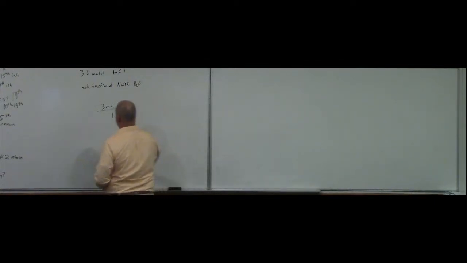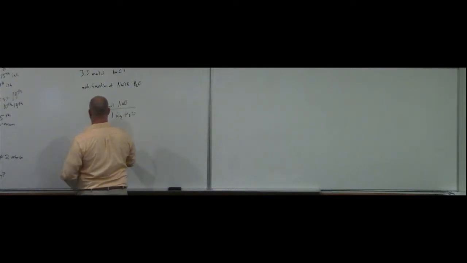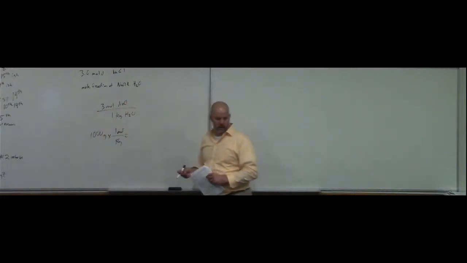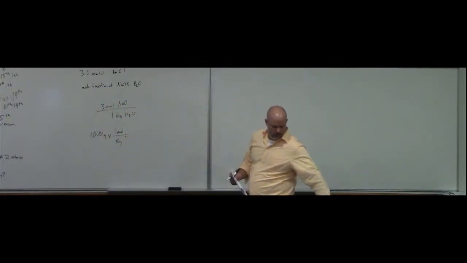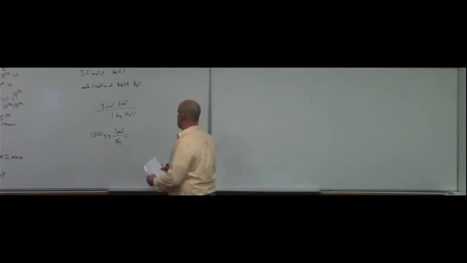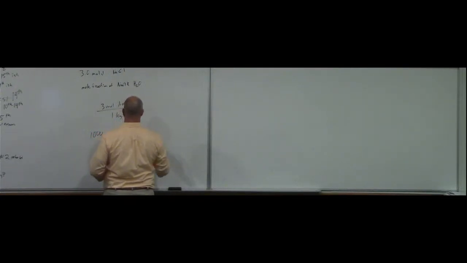So I'm going to have 1 kilogram of water. I'm going to just automatically convert this to 1,000 grams times 1 mole over 18 grams. Now tell me the moles of water that I have here. 55.5. Okay, so 55.5 moles of H2O.